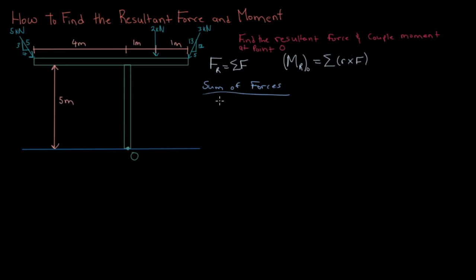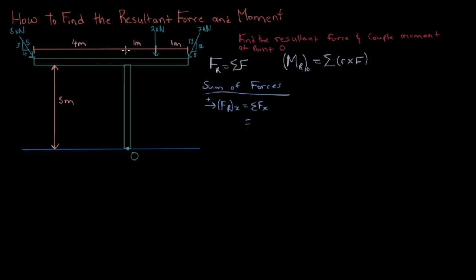So the resultant force in the x direction is equal to the sum of forces in the x direction. As always, we're going to define our positive. We'll define left to right as positive. And again, you can define any direction as positive as long as you stay consistent in the calculations.